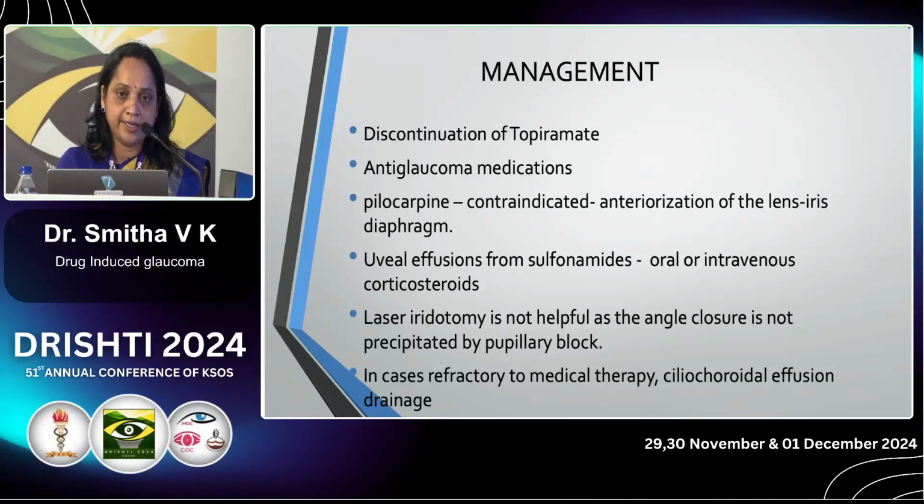Pilocarpine is contraindicated in these cases, as it causes further anterior movement of the lens iris diaphragm. Oral or IV corticosteroids are given to reduce the uveal effusion. Laser iridotomy is not useful, as angle closure is not precipitated by pupillary block, and cycloplegics should be given in such cases.